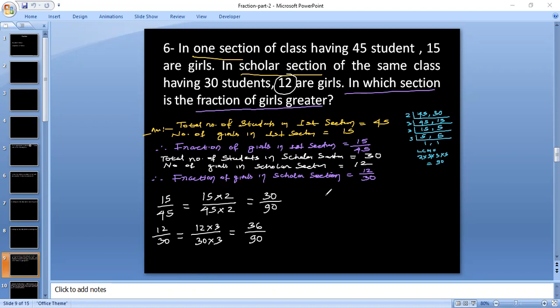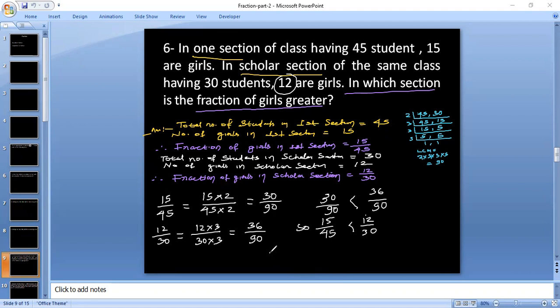Now it is very easy to determine: 30 by 90 is less than 36 by 90. So 30 by 90, which means 15 by 45, is less than 12 by 30. That means 12 by 30 is greater, so it is very easy to determine which section has the greater fraction.